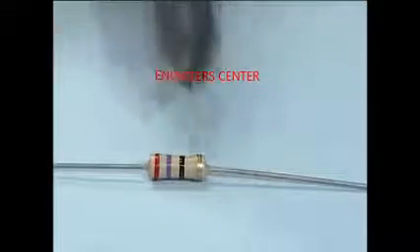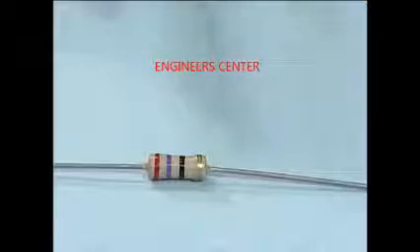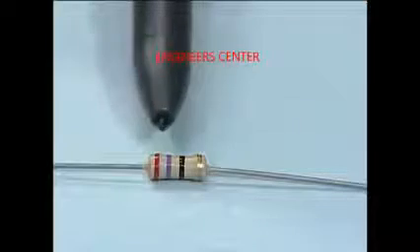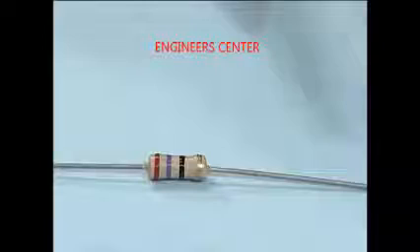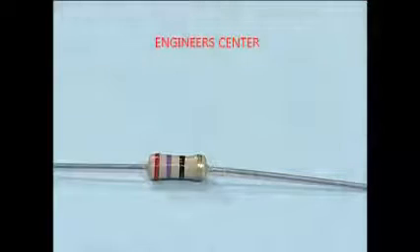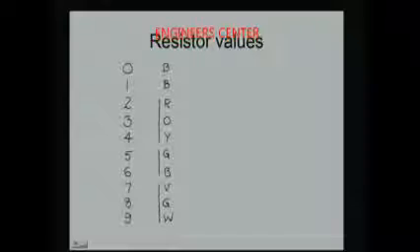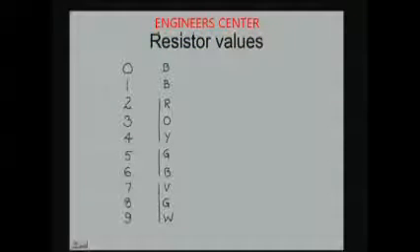This is a carbon compound resistor, it is a half watt resistor. You see that there are some bands on the resistor here, some red band, violet, black, and so forth. The resistor value is recognized by the color bands that are drawn on the resistor.